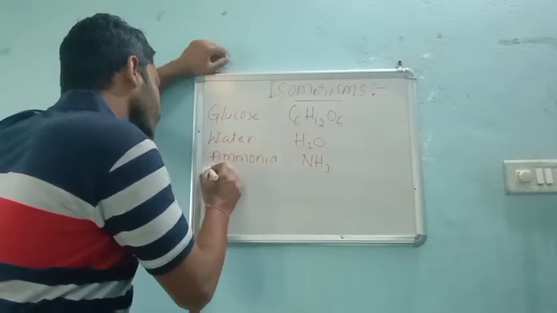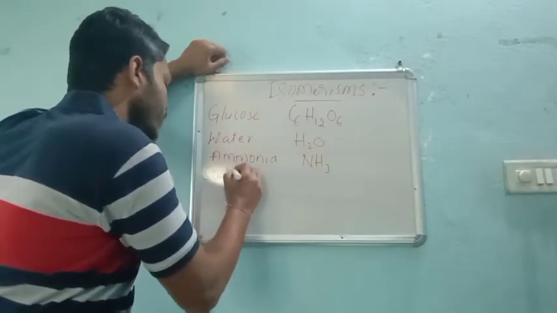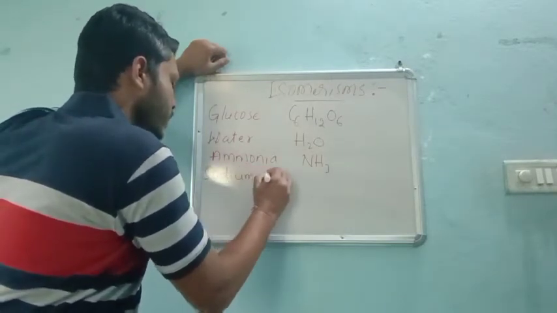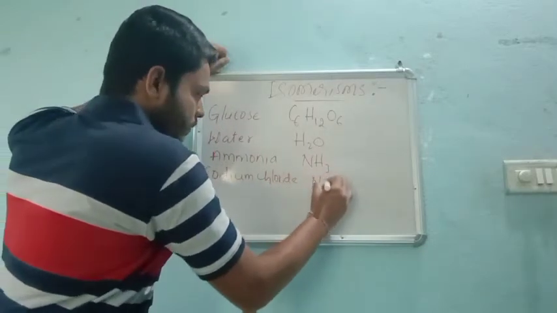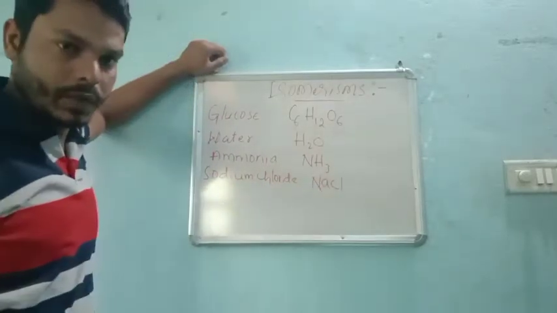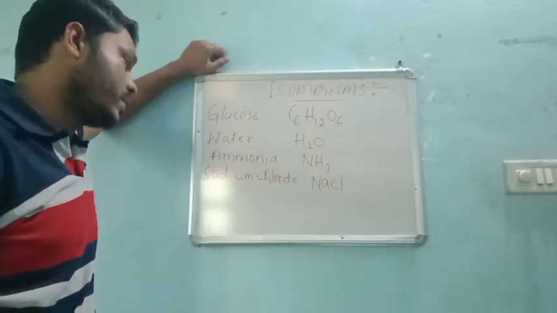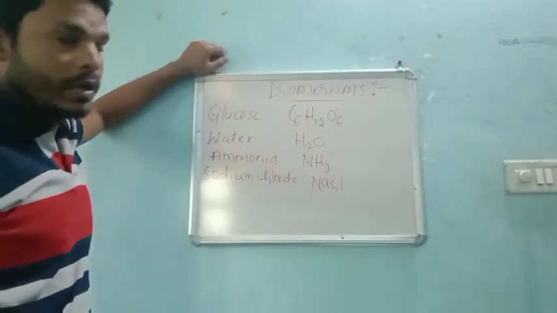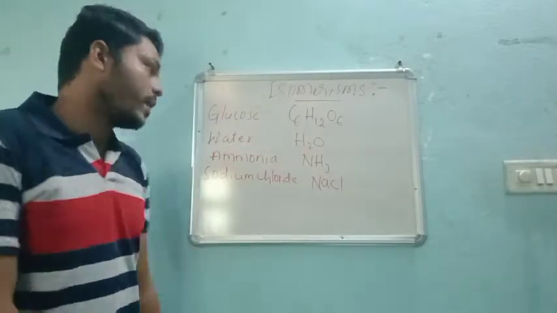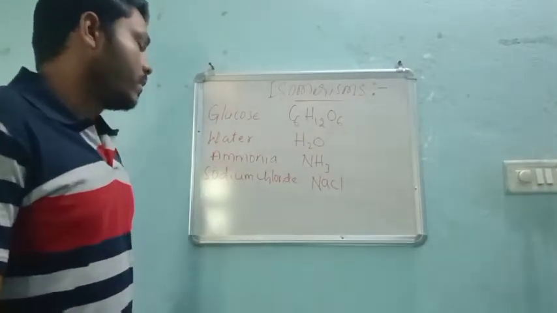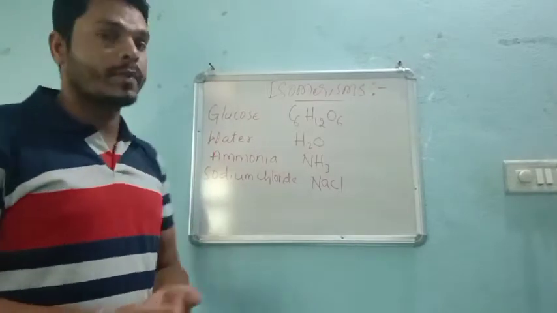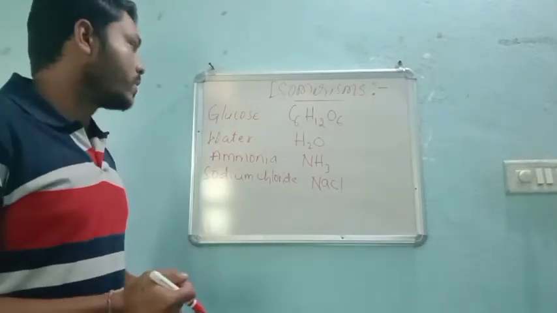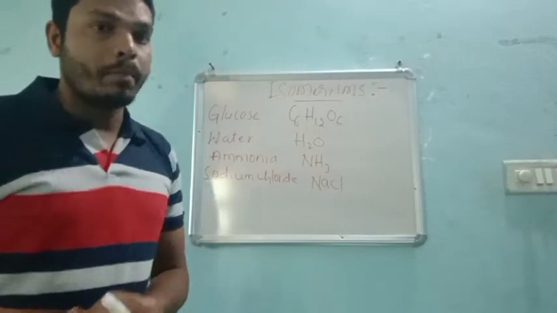And if I say sodium chloride, what is the molecular formula? NaCl. One is sodium and one is chlorine. So molecular formula means the total number of different elements present in the compound. That is called the molecular formula.